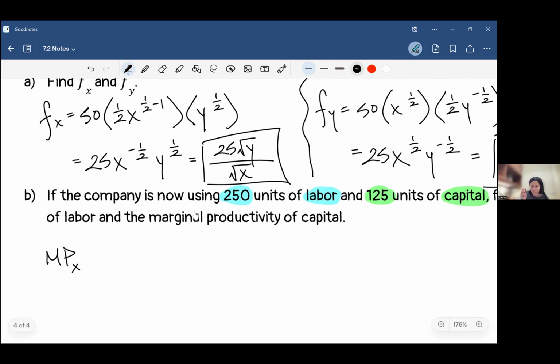All right, so we do the little sub X. This is really saying find Fx at 250 for X and 125 for Y. Okay, so when we're looking for marginal productivity of labor, we're taking our partial with respect to X because X is labor, and then we're plugging in the points that we have.